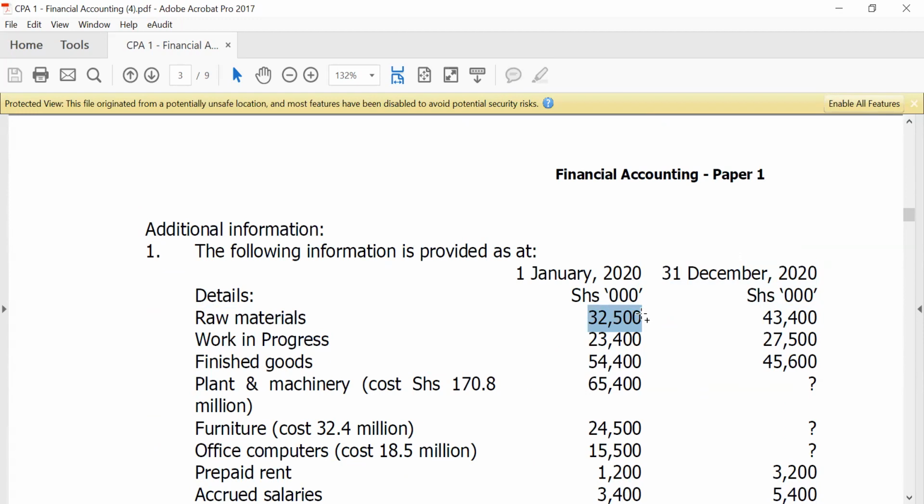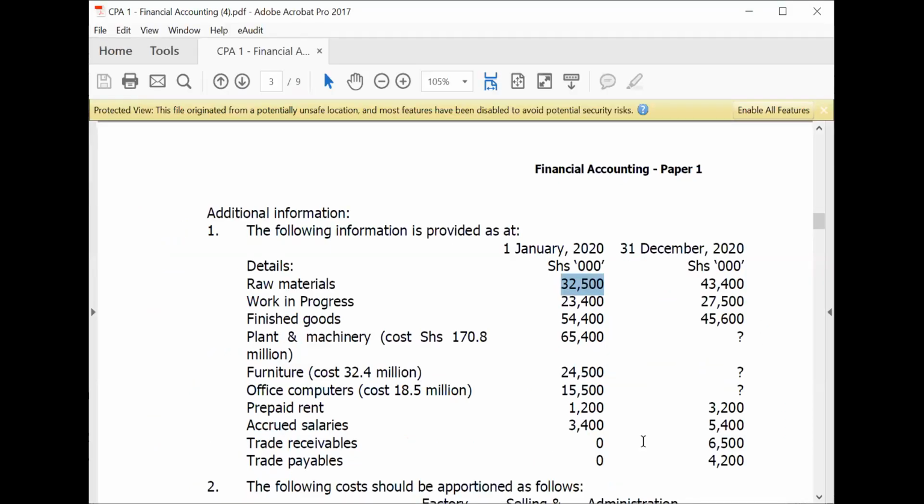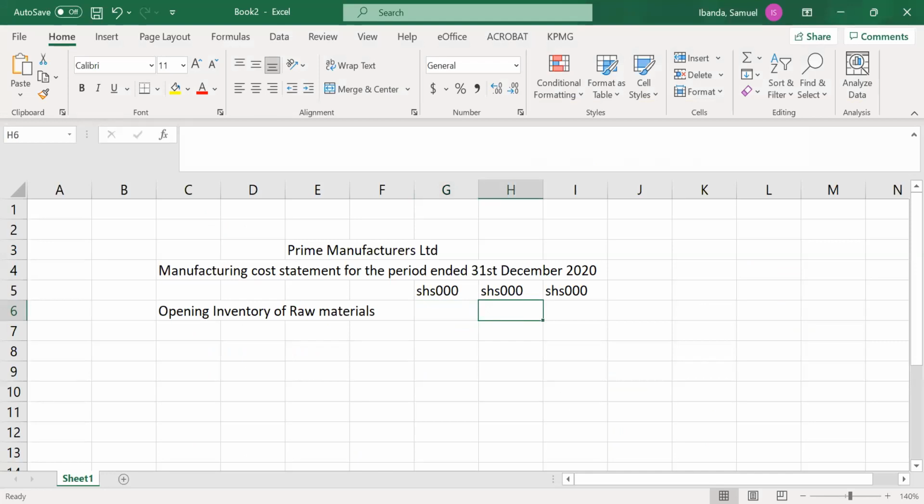So I'll pick my 32,500 and take it to here. Since I want to align this, I'll record this in this column. So 32,500.